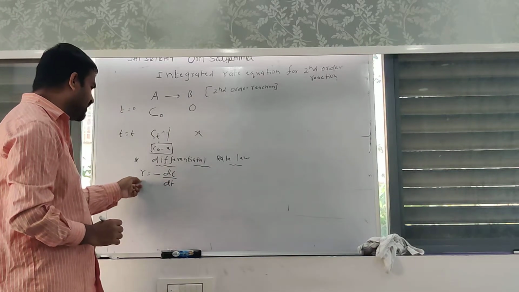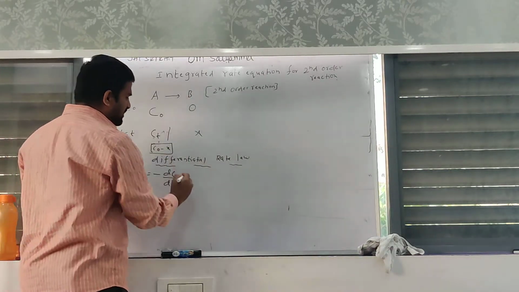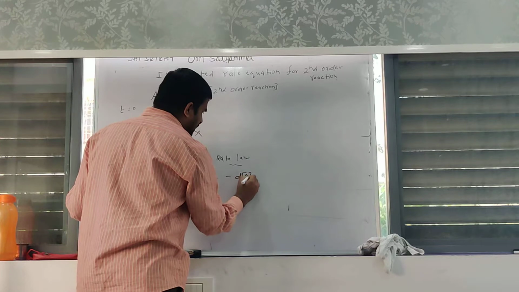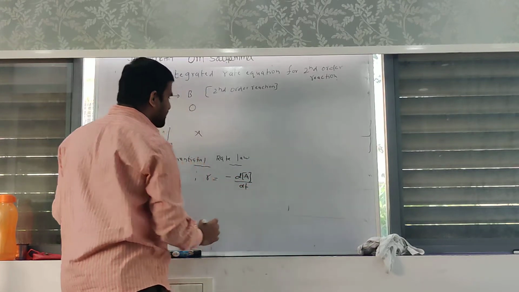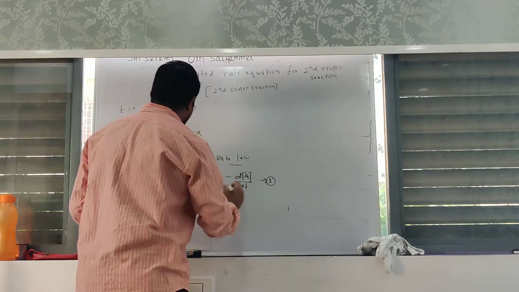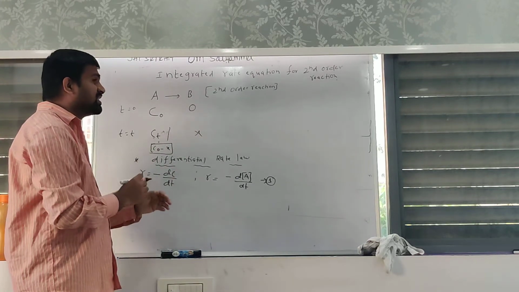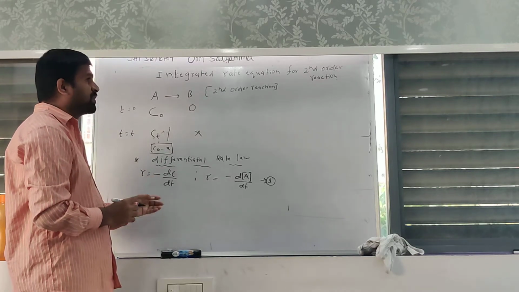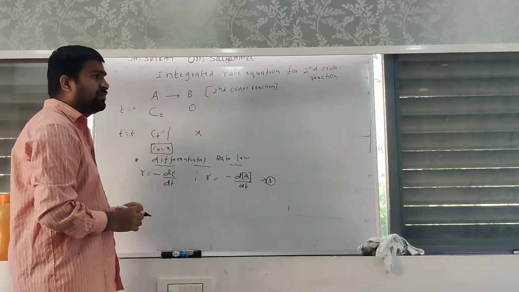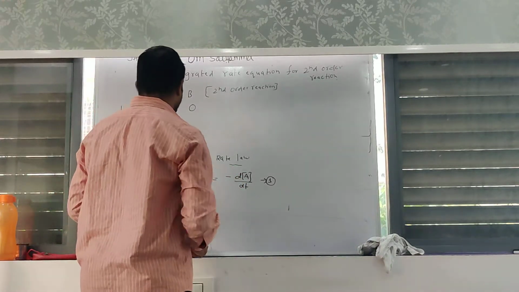For this reaction, R is equal to minus d[A] by dt. This is equation 1. Here C represents the concentration of reactant, d represents the change in concentration, and the negative sign represents the decrease in concentration of reactant. t represents the time, and d represents the change in time during the chemical reaction.